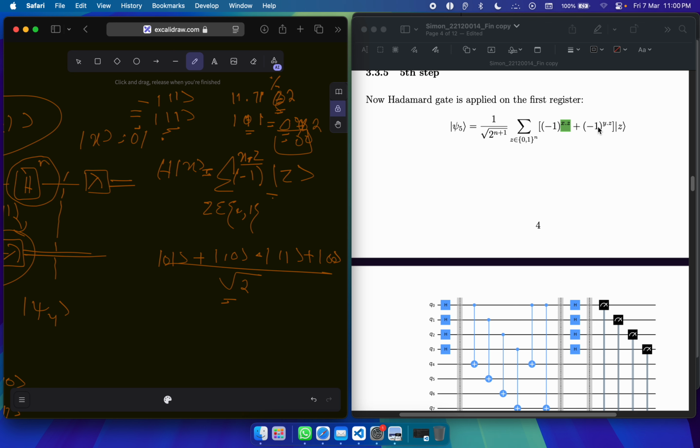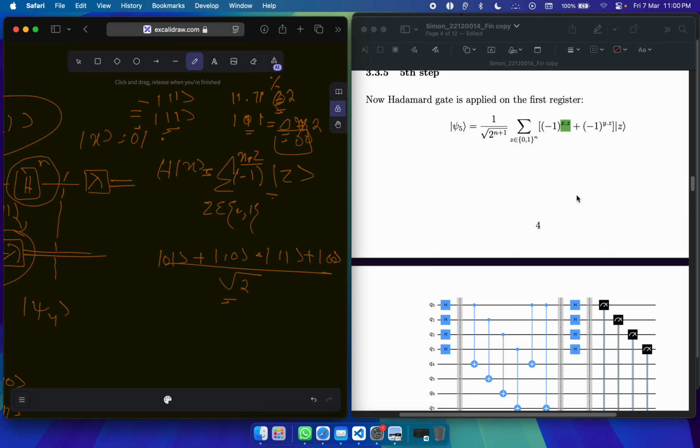So it could either be -1 plus -1, or if both of these are raised to the power 0, then you get 1 plus 1, that's equal to 2. That's constructive interference, right? And you could also get this to be 0, because of destructive interference, by having x dot z not equal to y dot z, right?